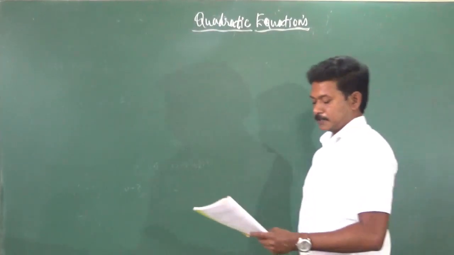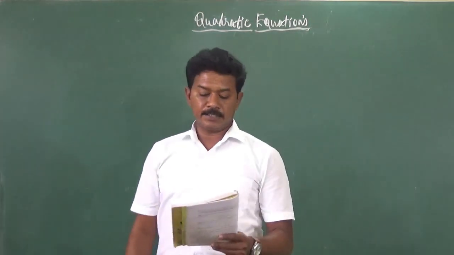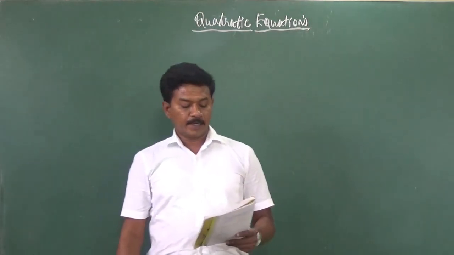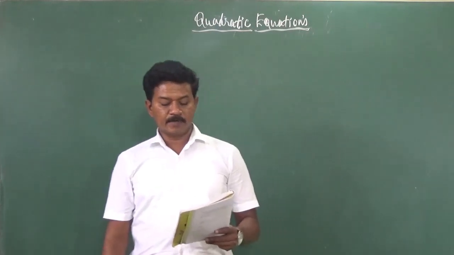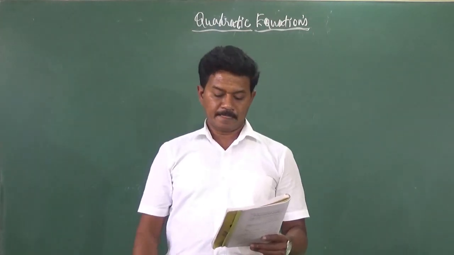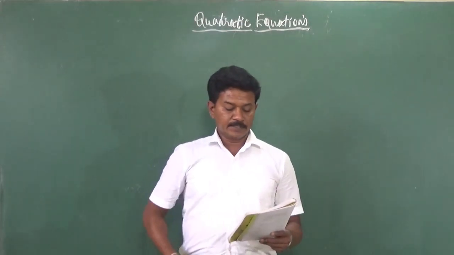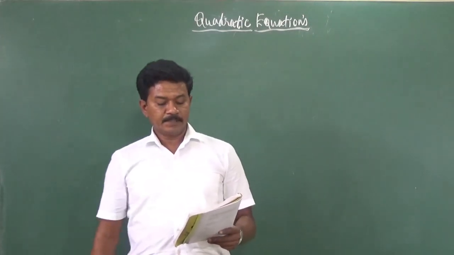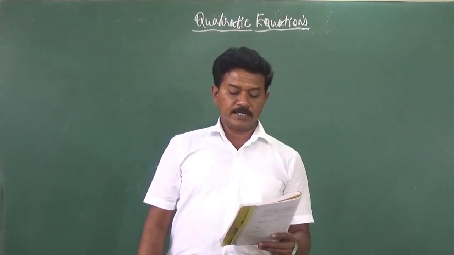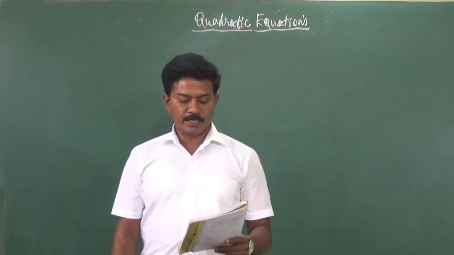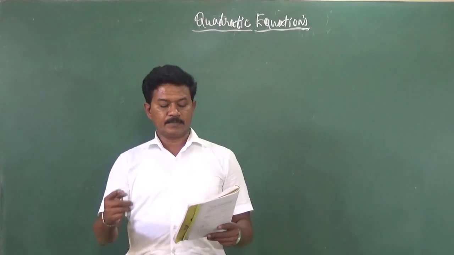Right, we get into the next problem, the sixth one, exercise 10.2, sixth problem. A cottage industry produces a certain number of pottery articles in a day. As usual, yesterday we had a problem on this. It was observed that on a particular day the cost of production of each article was 3 more than twice the number of articles produced on that day.